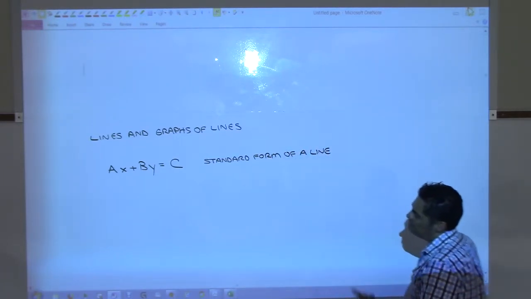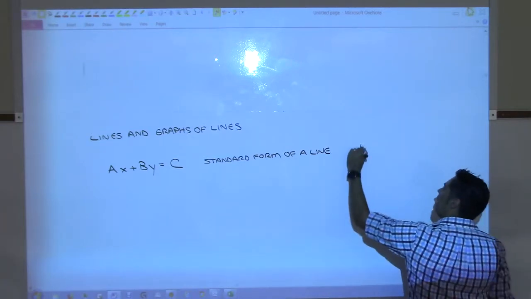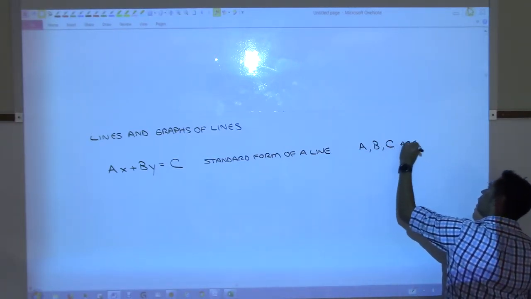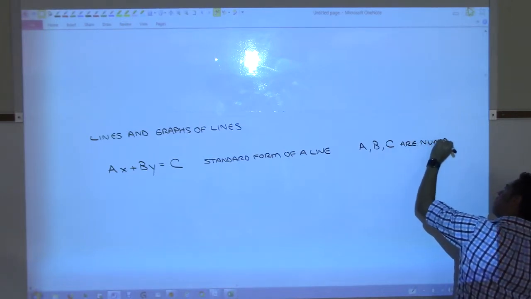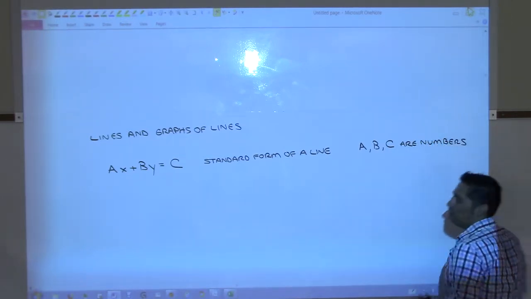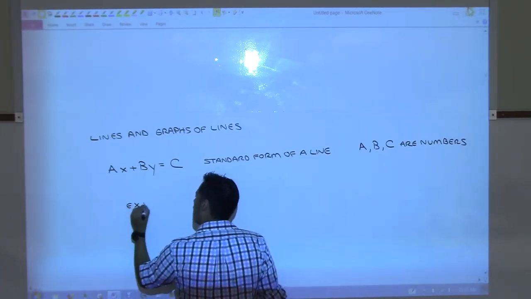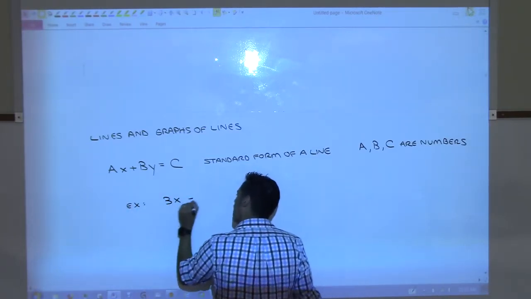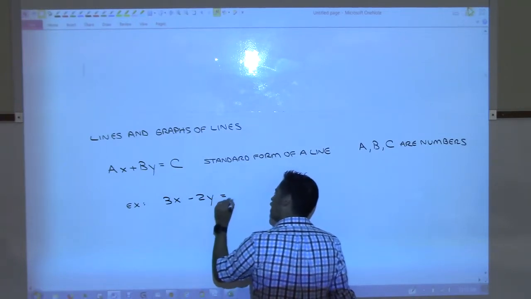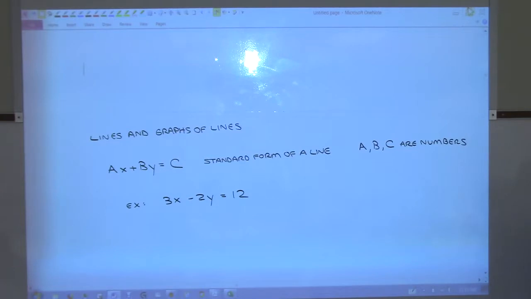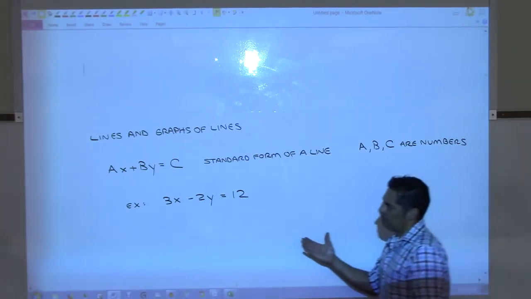And in this standard form, the A, the B, and the C are just numbers. So I'll give you a specific example of a line in standard form: 3x minus 2y equals 12. So that is a standard form of a line. So what are the main characteristics?